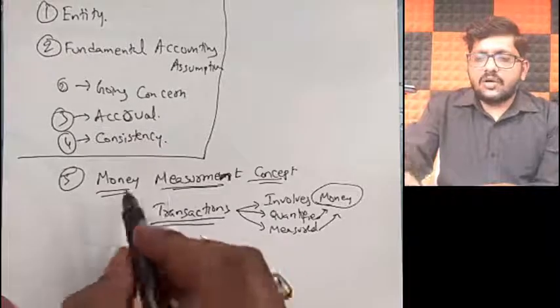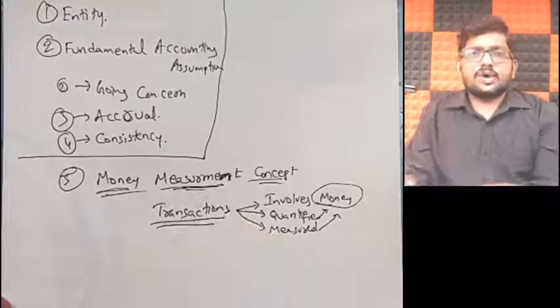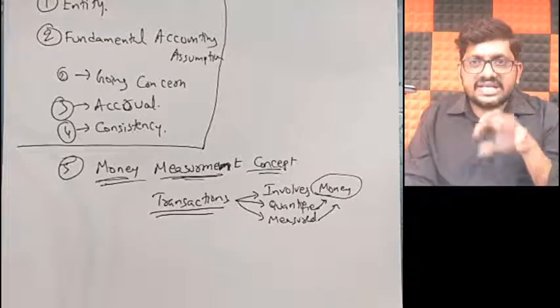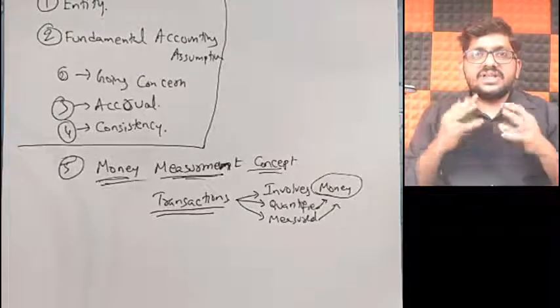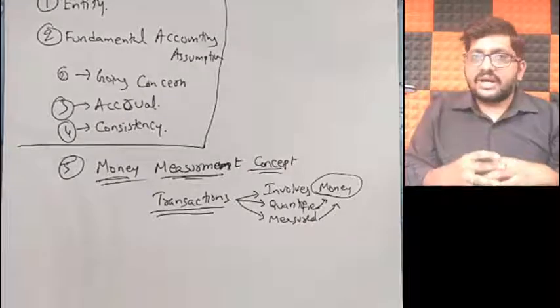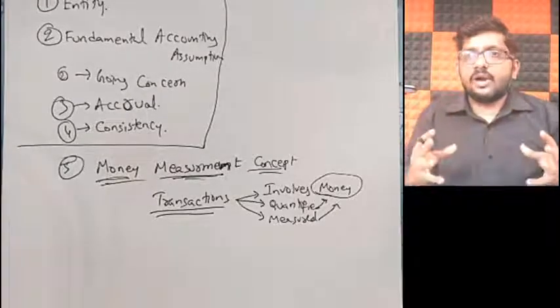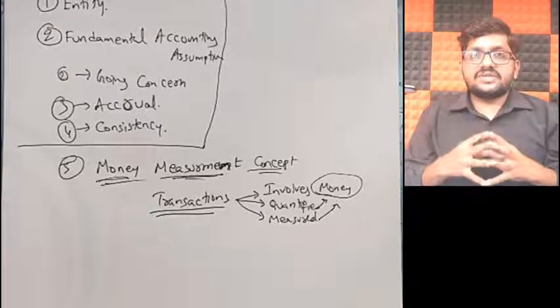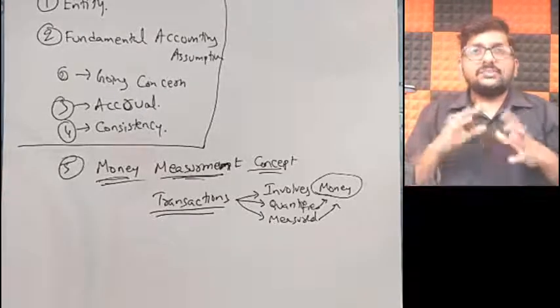Here also our money measurement concept tells you the same. Those events happening in our business which involve money are to be recognized by us. Those events which do not involve money, which cannot be measured in terms of money, should be ignored.